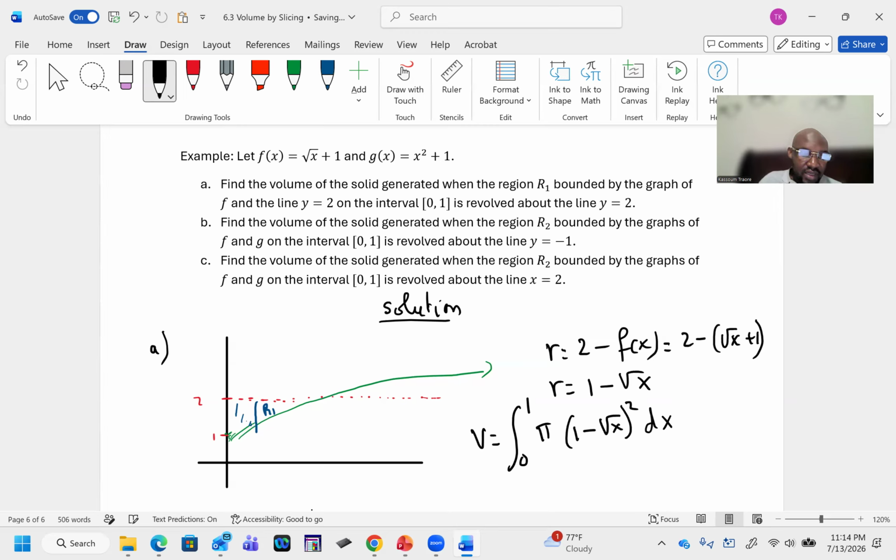So again, this is applying the disk method, okay? We are applying the disk method because g of x is equal to 0 in this case. Just think like that. So we need to solve this one now.